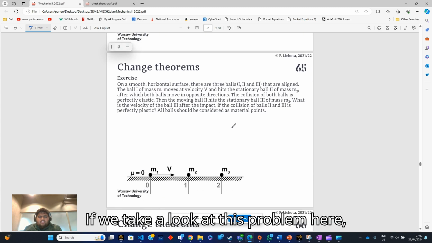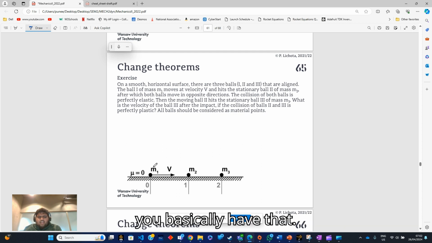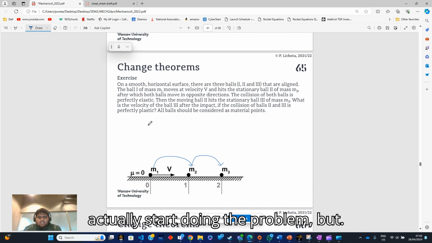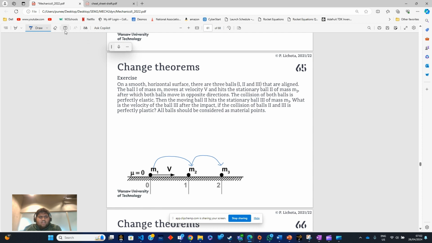If we take a look at this problem here, you basically have that momentum-impulse theory problem. I don't exactly know how I would go about doing this until I actually start doing the problem, but you have a scenario where between balls 1 and 2, it's perfectly elastic.